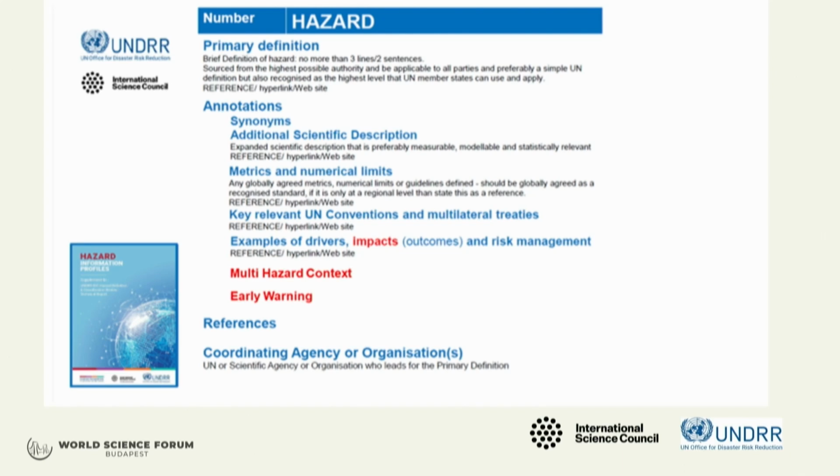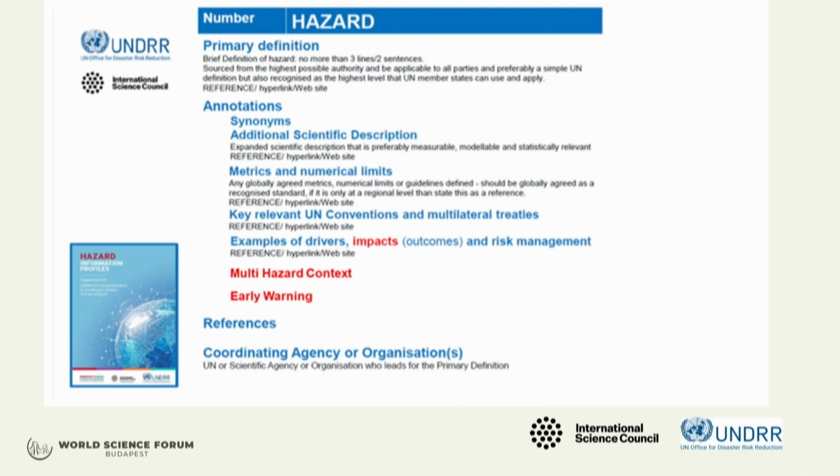One very well-known example is tropical cyclone, that is called tropical cyclones in one part of the world, hurricanes in another part of the world, and typhoons in a third part of the world. So we need to have HIPs that acknowledge that and include as many local names as possible so that people recognize what this hazard is.